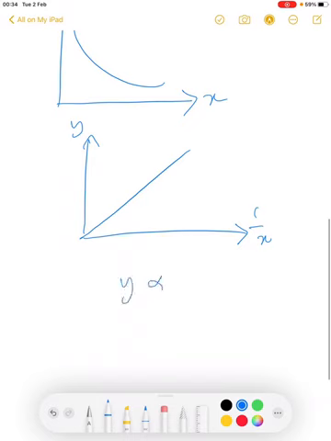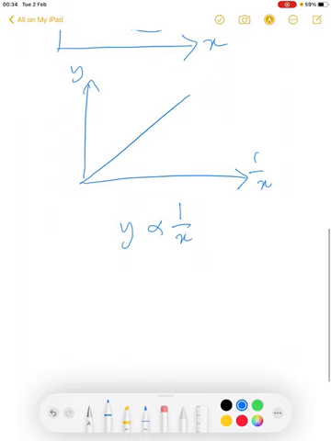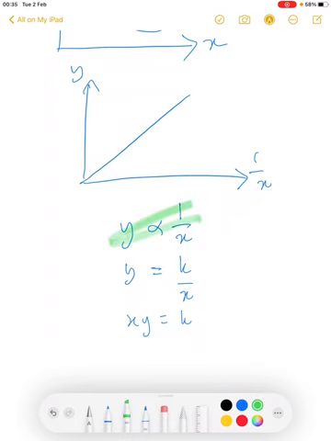Y is inversely proportional to x, and then we substitute the relation symbol to equals, so y equals k over x. So our k is x times y. From the relation here, we can get our straight line graph y versus 1 over x.